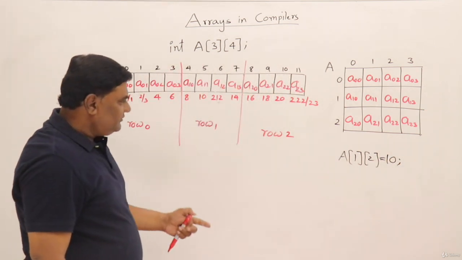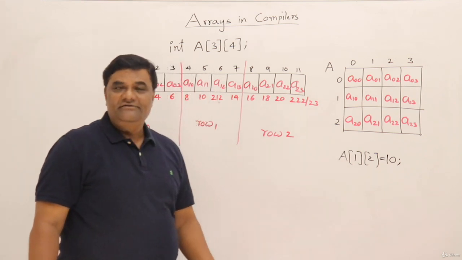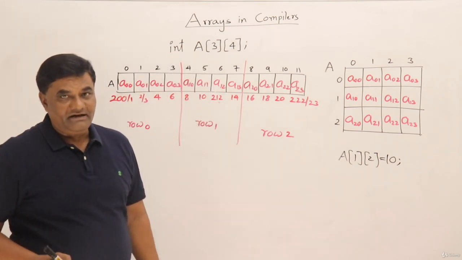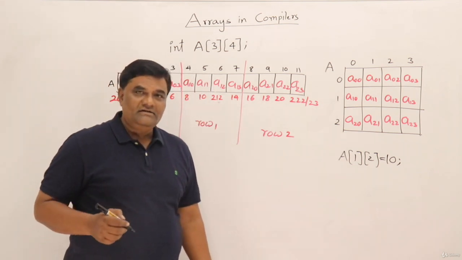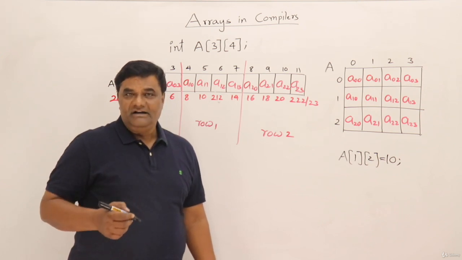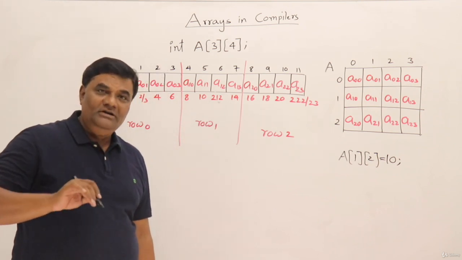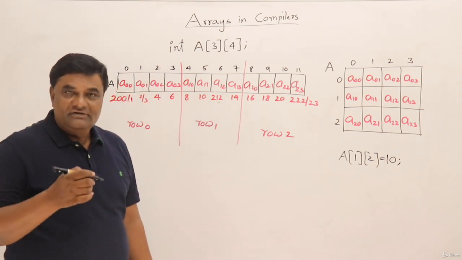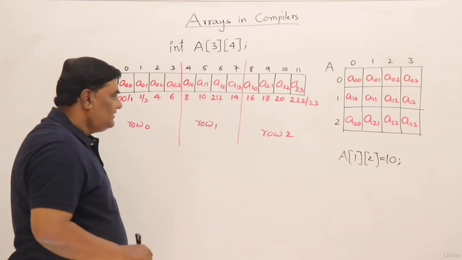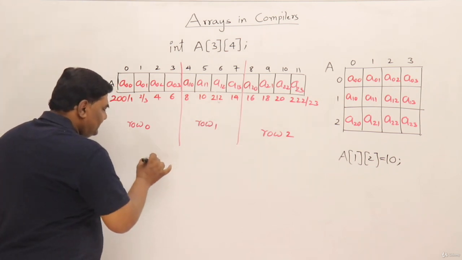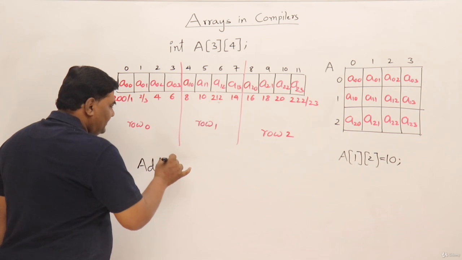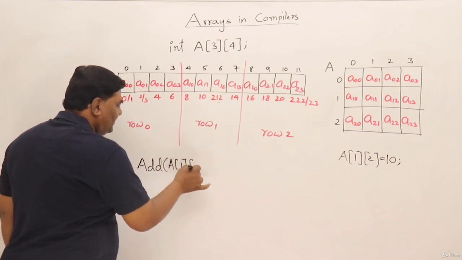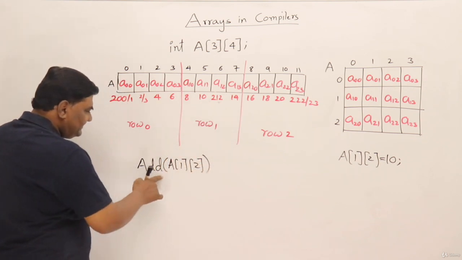Then that A of 1, 2 has to be converted in the form of an address by the compiler. So already we know that the addresses cannot be known at compile time. So the compiler writes the formula for obtaining an address. So let us observe what should be the formula. So for getting the address of a location A of 1, 2, this ADD is for address.